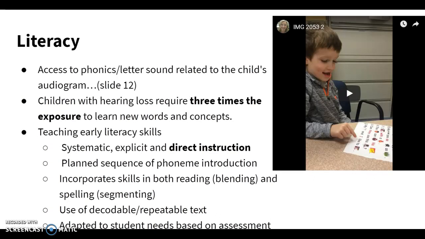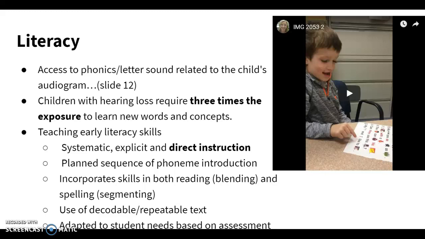As I said before, children, depending on their hearing loss, will have trouble accessing certain sounds of speech. So we will look at the audiogram together and we'll see what sounds the child hears really well and we'll see what sounds the child will struggle with. And those typically translate into their own speech as well.